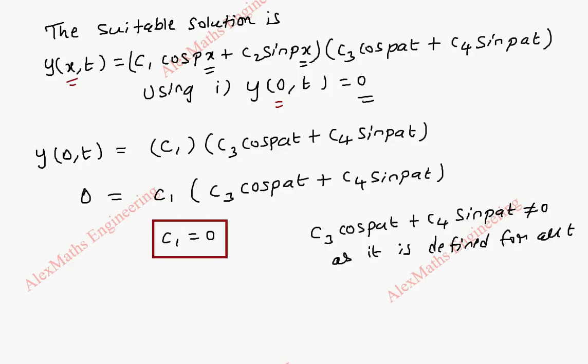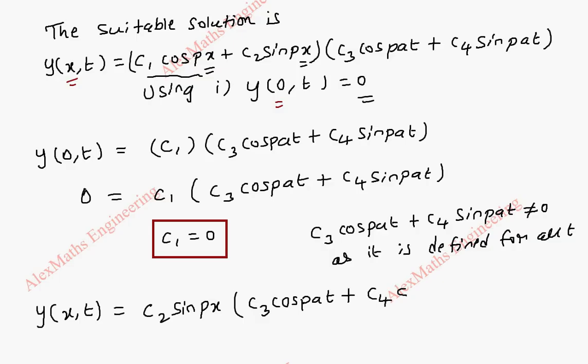Now we replace c1 with 0 in our solution. So y(x, t) will be, once c1 is 0, this term will not be there, so we have only c2 sin px into (c3 cos pat + c4 sin pat).